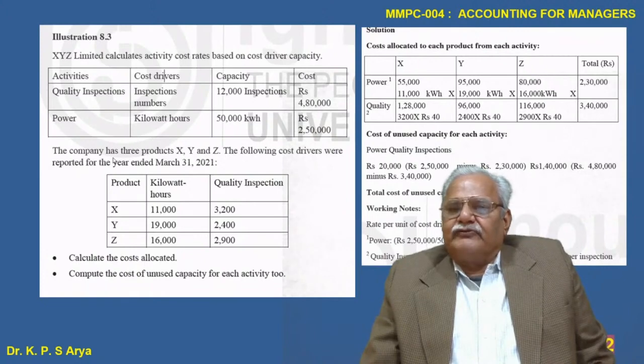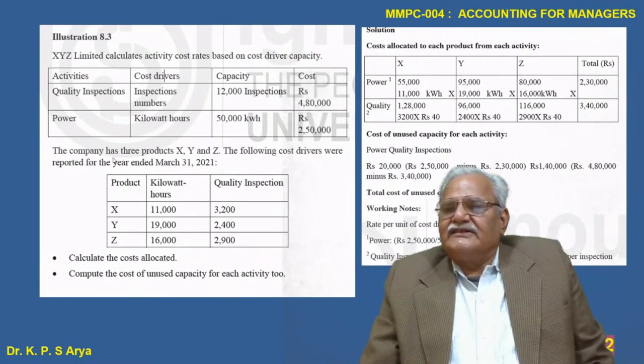Then in case of Y, power 95,000, 19,000 multiplied by 5; quality 96,000, 2,400 multiplied by 40. In Z, power 80,000, 16,000 kilowatts multiplied by 5; quality 1,16,000, 2,900 multiplied by 40. So the total cost of quality is 3,40,000, while power is 2,30,000.